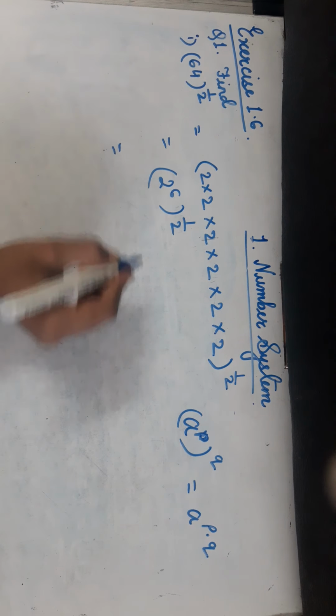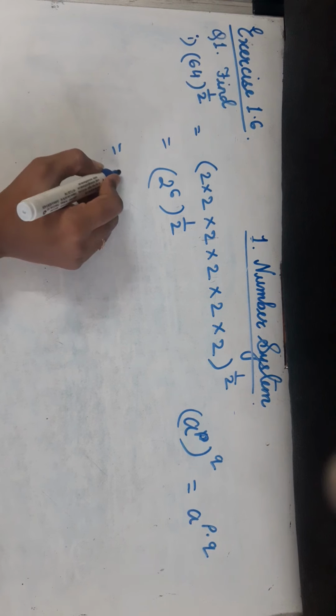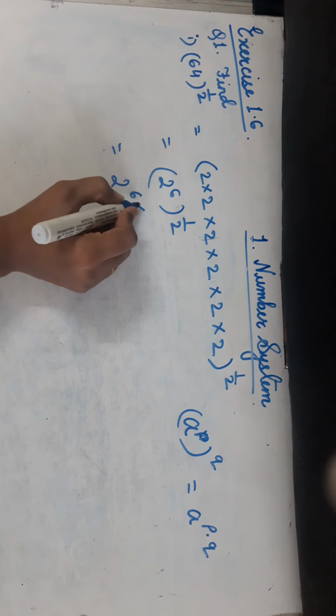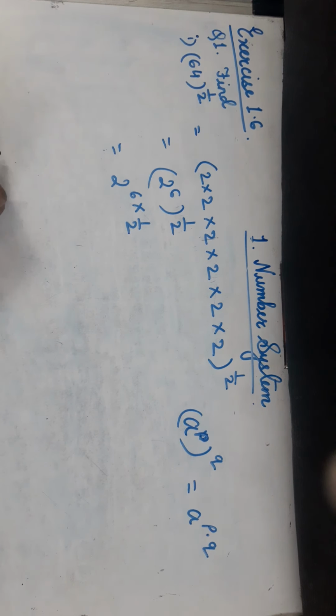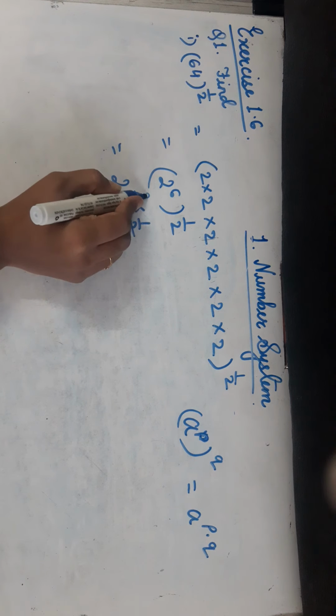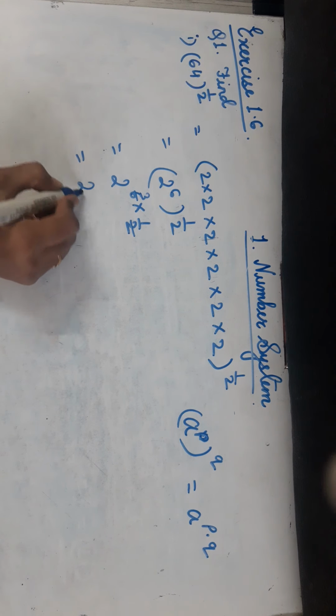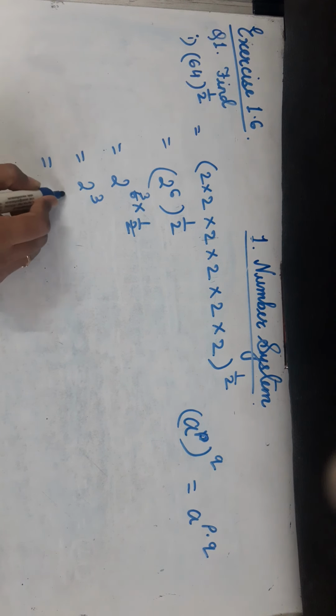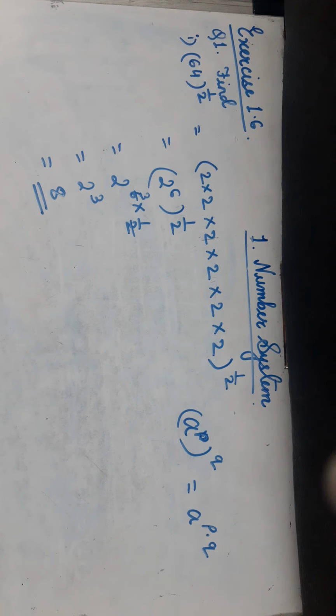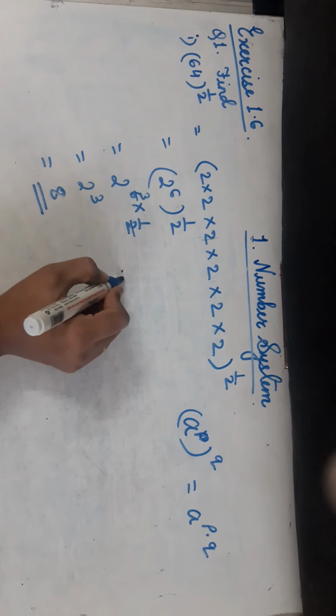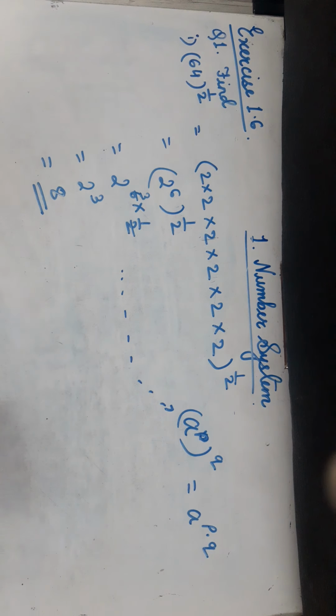Same way, using this law, 2 raised to 6 into 1 by 2. So 2 1s are 2, 2 3s are 6. So it will be 2 raised to 3. 2 cube is 8. Clear? So which law we have used here? This law. You have to mention it, using which law you are solving it.